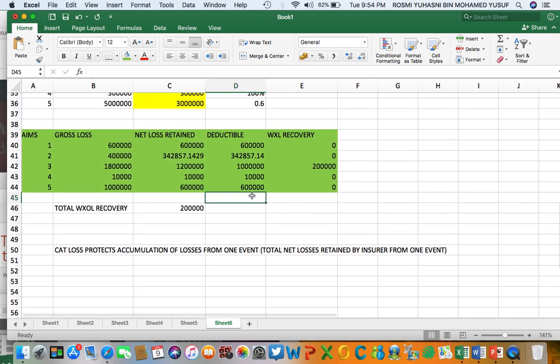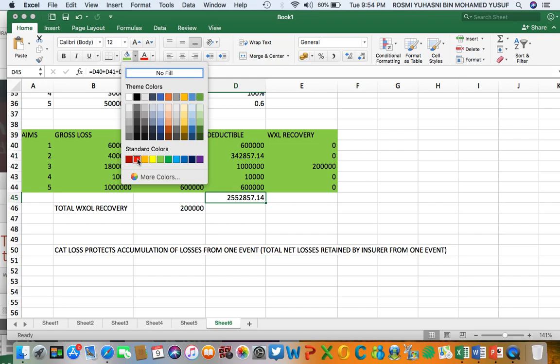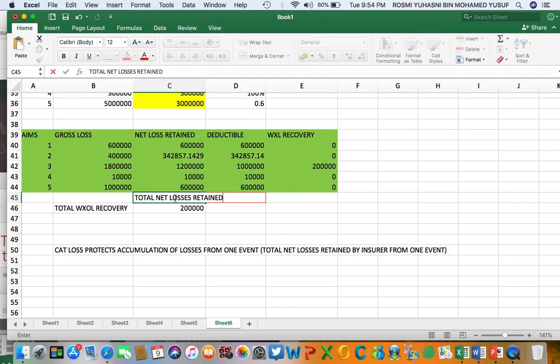So the total net losses retained by the insurer should be this plus this. Okay, so this is the total net losses retained by the insurer.